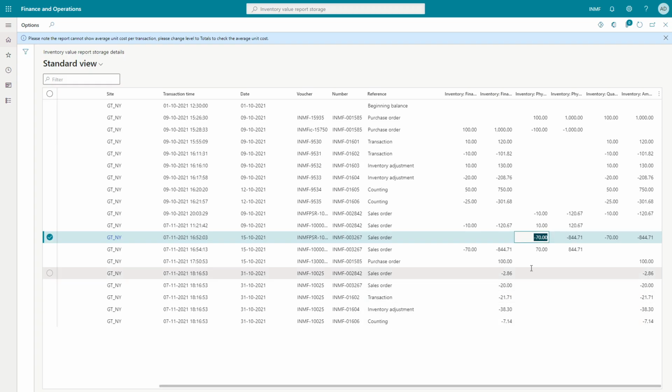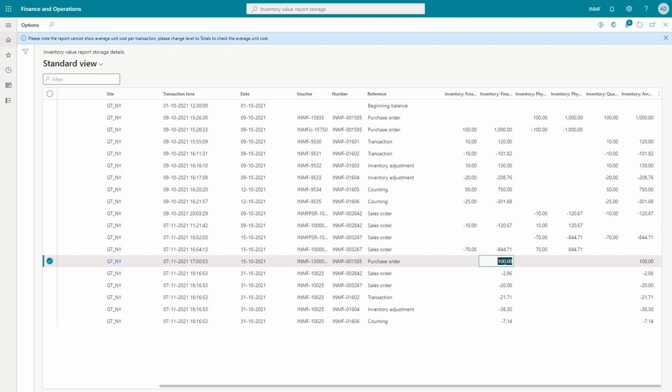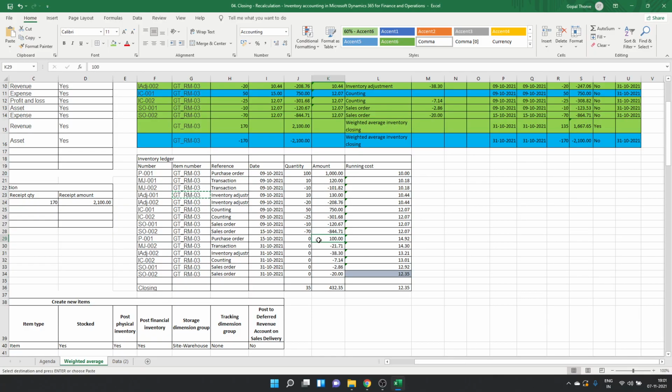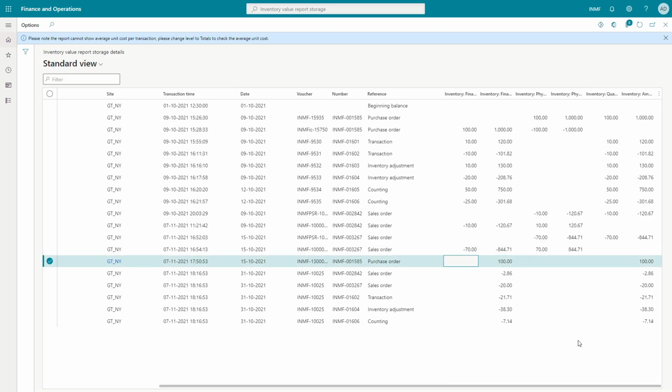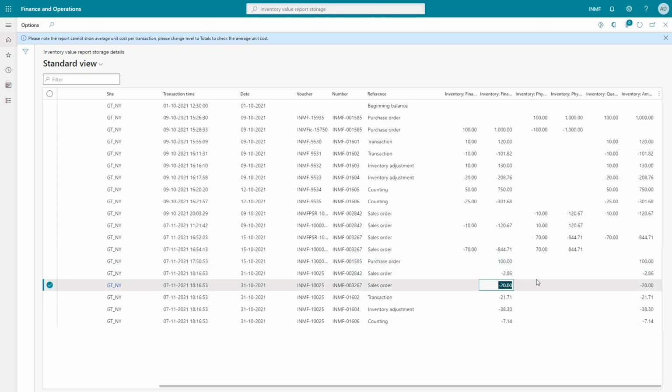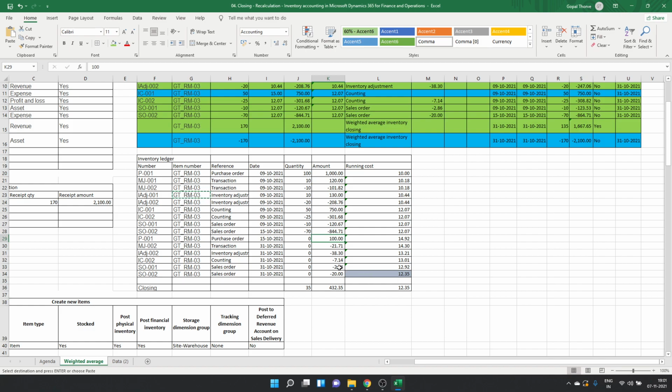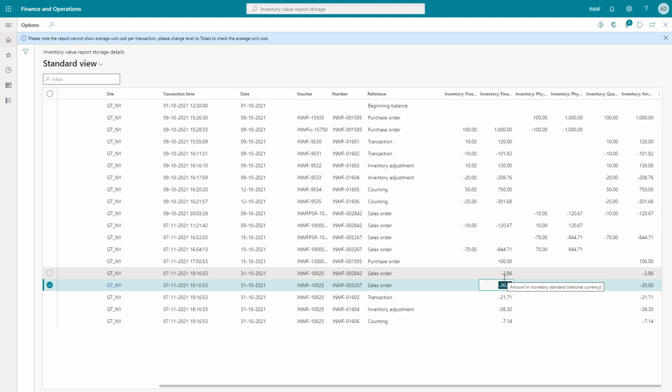Then we made $100 of adjustment on our purchase transaction. So that is appearing here with reference to the original purchase order. 100 is posted here and quantity is 0. On the sales order transaction we have two adjustments, 2.86 and 20. So why is this appearing first?